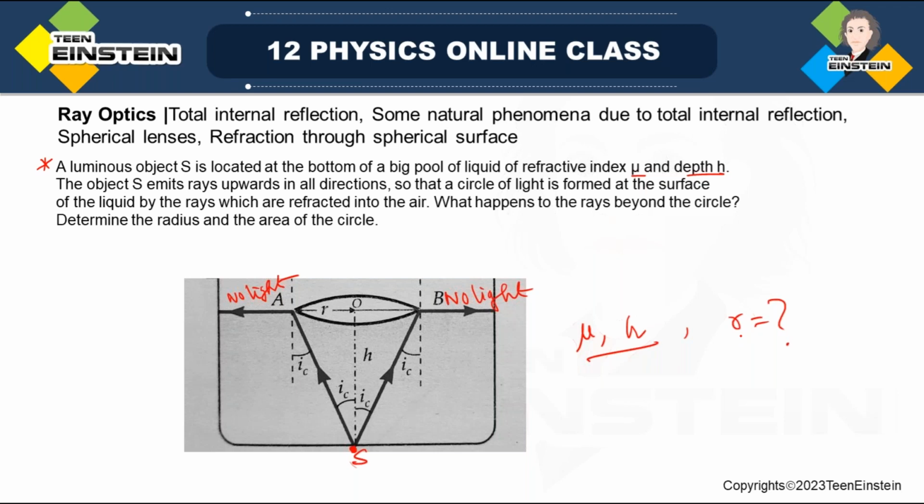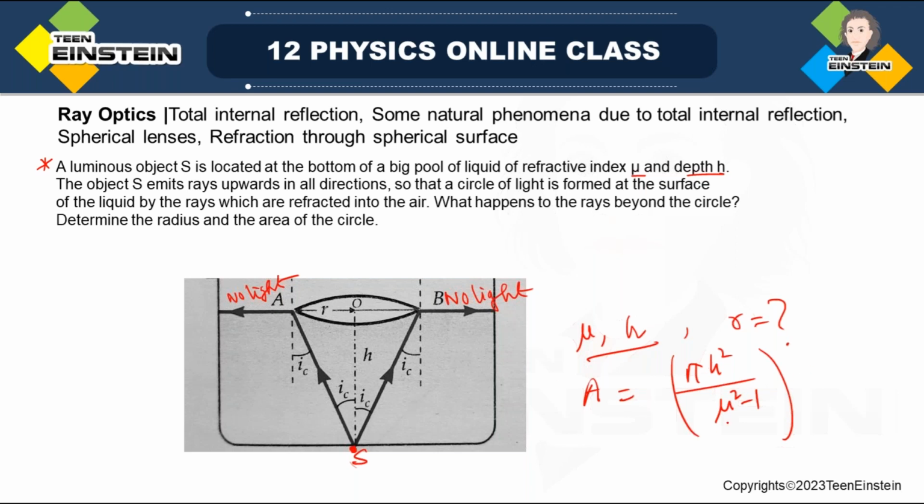Sometimes they will ask you to find the area of the patch. So the area of the circular patch will be pi h square divided by mu square minus 1.